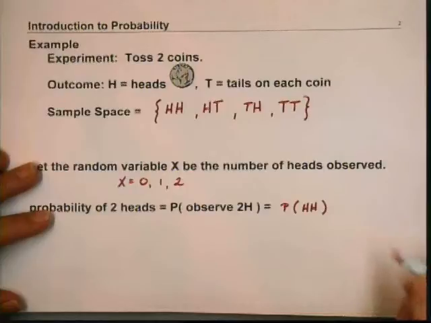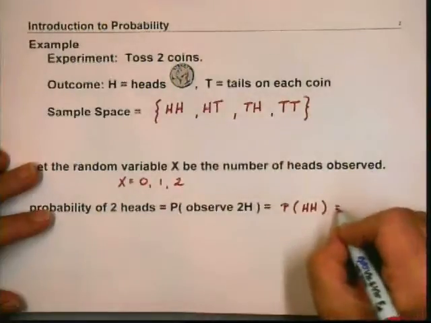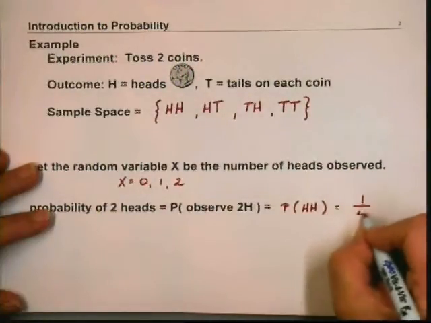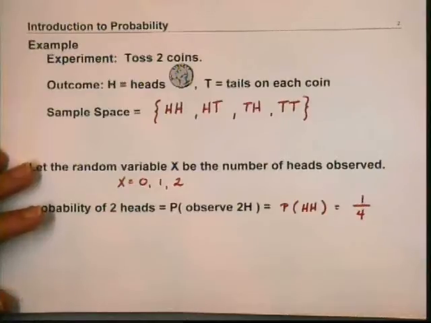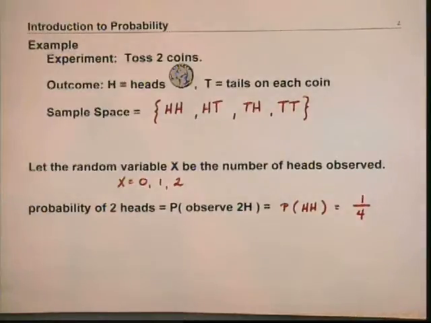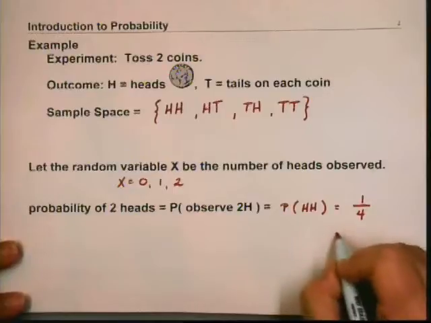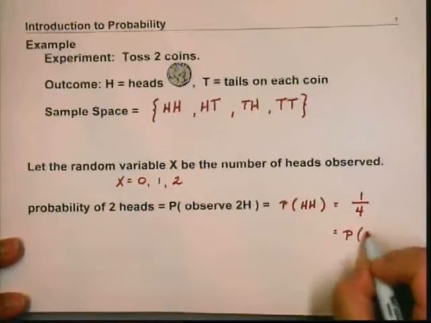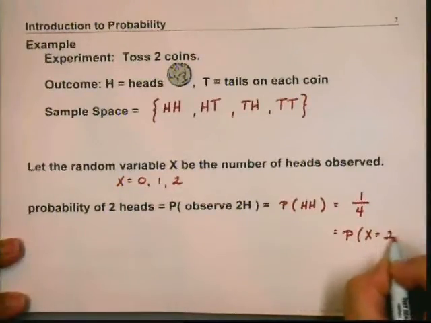How many ways can that occur? There's only one way 2 heads can occur, and there are 4 possible outcomes. Easy, I do the easy ones. We'll do harder ones, I promise. So that would be the probability. In terms of our random variable x, that would be the probability that x is equal to 2.